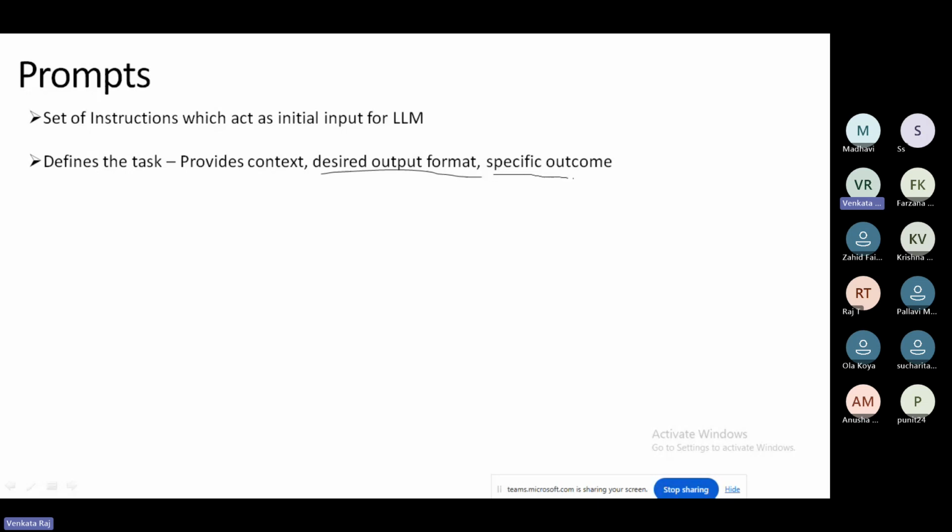If you want a particular outcome from the LLM, then the output will be more accurate, everyone. So the prompt is basically defining the task. Clear?